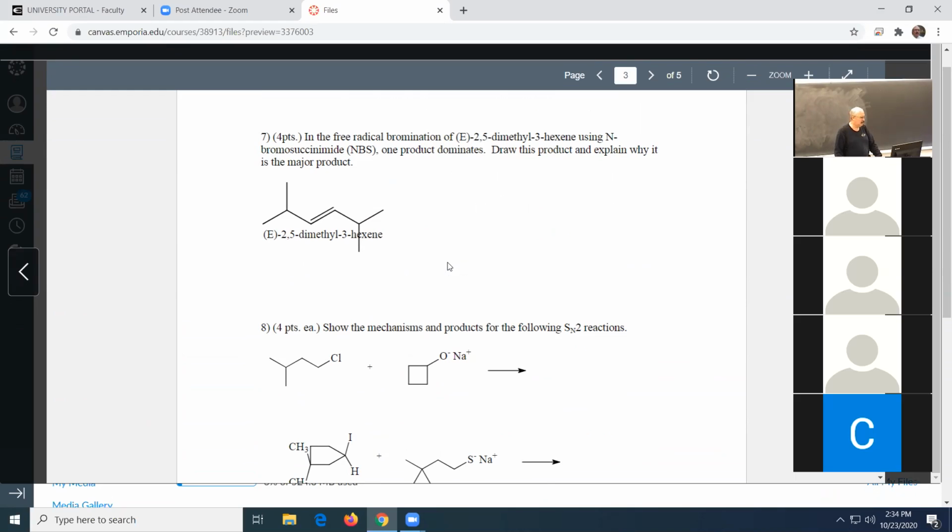In the free radical bromination of this compound using N-bromosuccinimide, one product predominates.